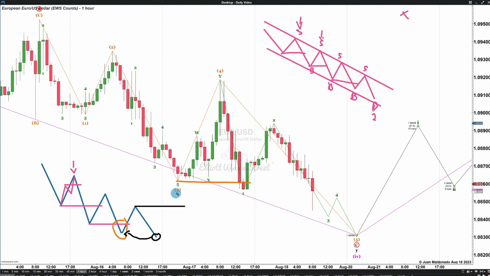In this example, you have this low, you have this low, and where is the peak between the two lows? This one here, right? Let's do it again. We have this low, we have this low, so it's the peak between the two lows, right?